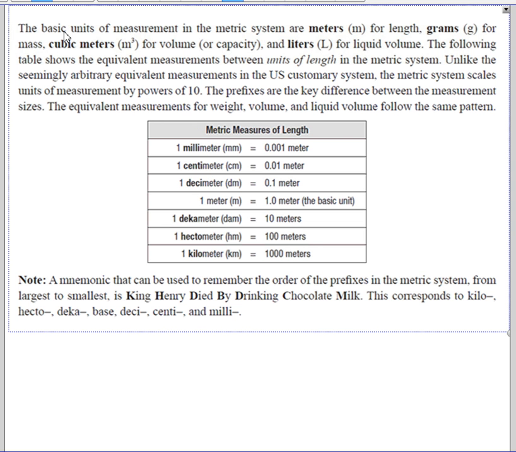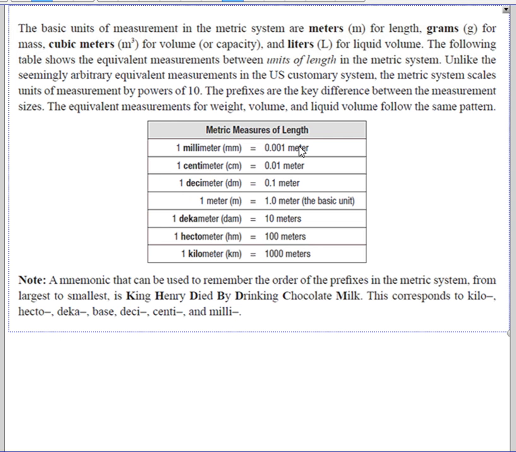And it says the basic unit of measurement in the metric system are meters, and that's talking about length, grams, when we're looking at mass or weight, and cubic meters for volume, which is capacity, but then liters for liquid volume.